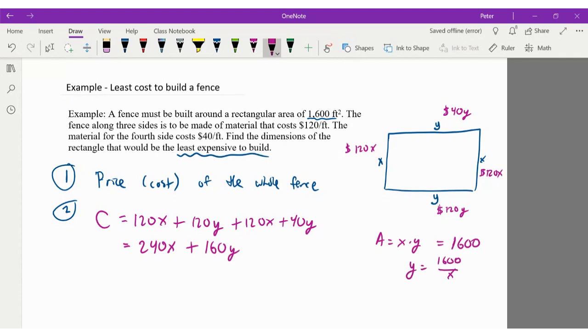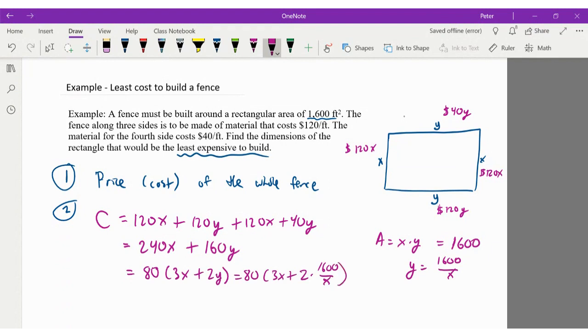I'm going to rewrite this slightly. This is going to be 80 times 3x plus 2y. And then I can write that as 80 times 3x plus 2 times 1600 over x.